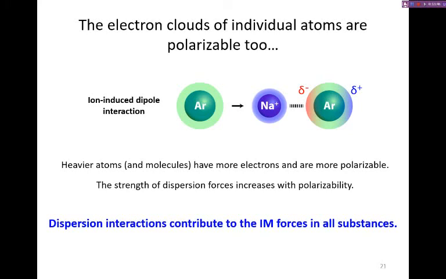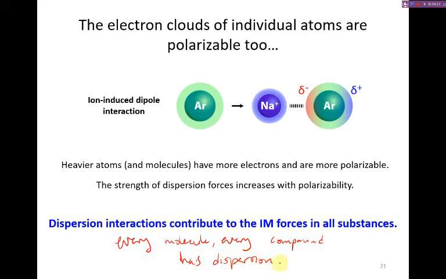Dispersion forces contribute to the intermolecular forces within all substances. In other words, every molecule, every compound, everything has dispersion forces.